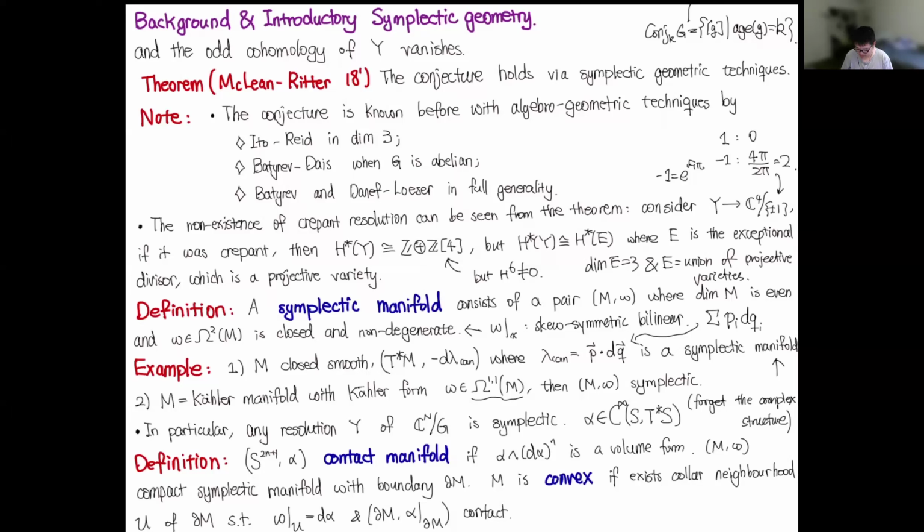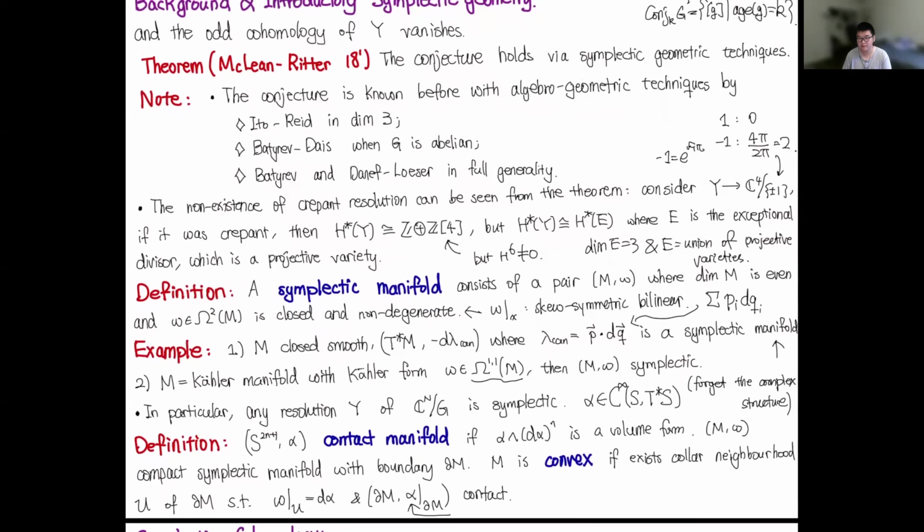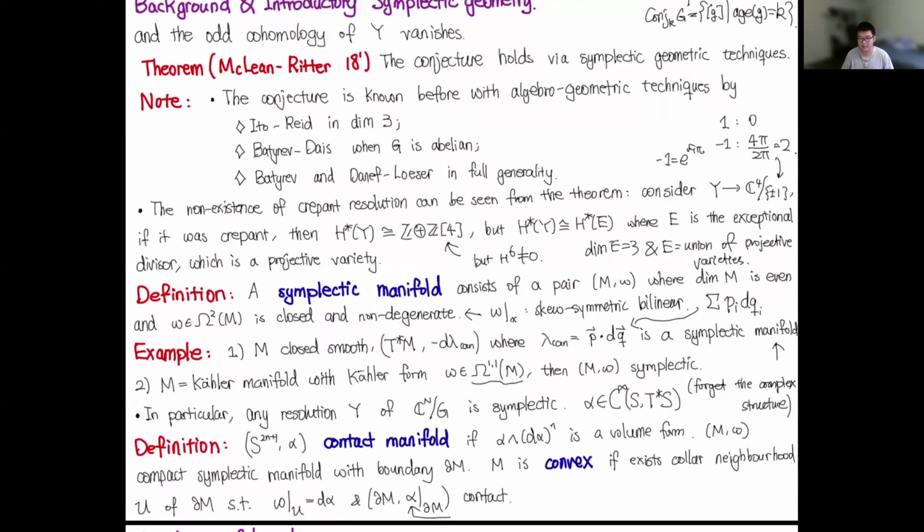And given a symplectic manifold with boundary, there is a compatibility condition for the symplectic structure of M and the existence of some contact structures on the boundary. So the boundary is contact, and the contact form actually comes from the symplectic form by taking a primitive of omega near a neighborhood of the boundary.